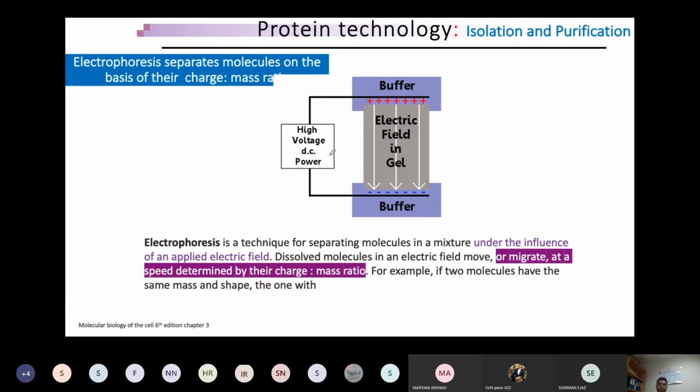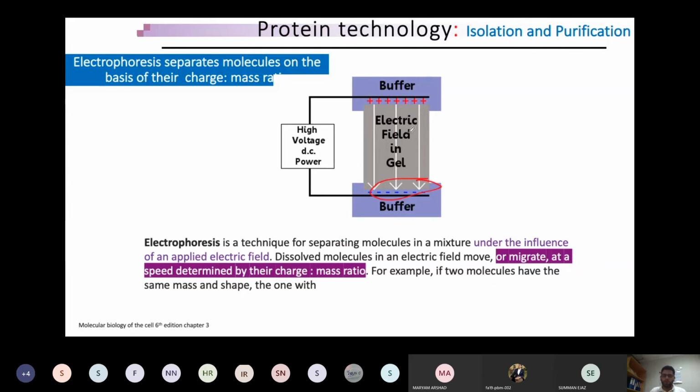Because of the buffer and electric current, there will be two possible scenarios. There will be an anode, and there will be a cathode, and there will be molecules which prefer to stay at the anode portion, and there will be molecules who love the cathode portion.